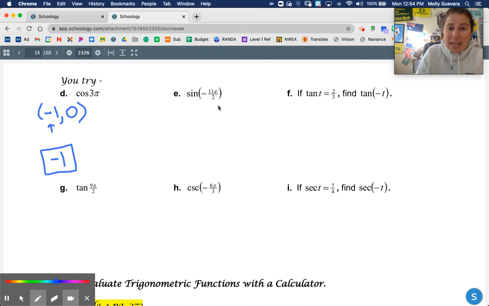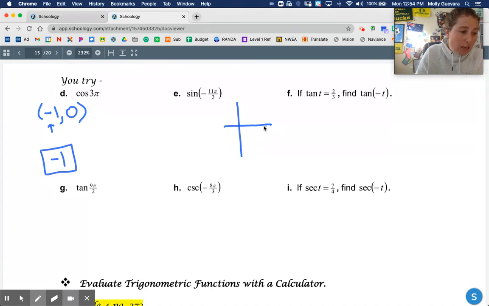For E, I'm going negative 11 pi over 2. Okay, so I know that negative 4 pi over 2 is 2 pi. And then another 4 pi over 2, so far that's 8 pi over 2, right?